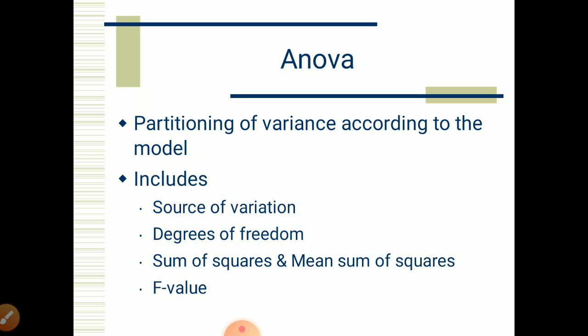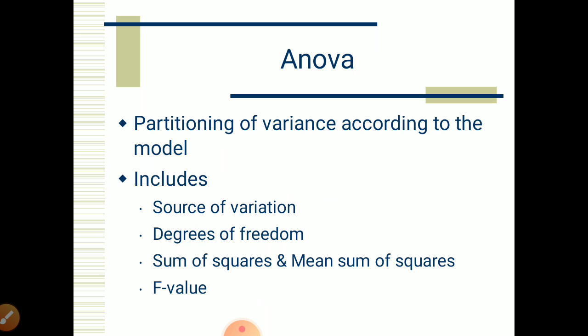So basically, when we conduct the experiment, we'll get the data. Once we have this data, it will be subjected to a technique called analysis of variance. What is done in analysis of variance? Partitioning of the variance according to the model. I have explained this already.